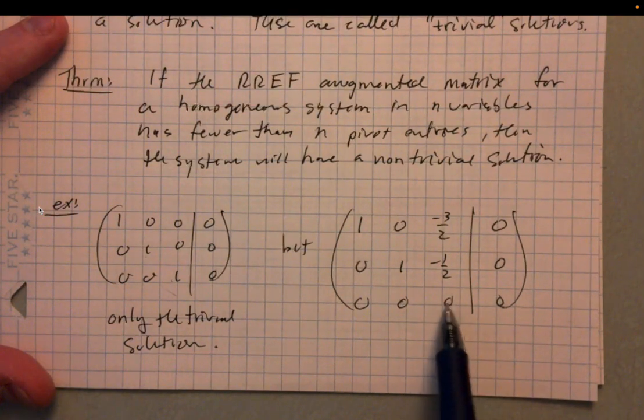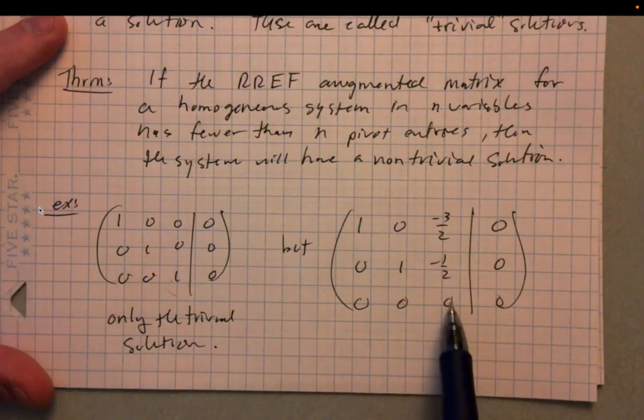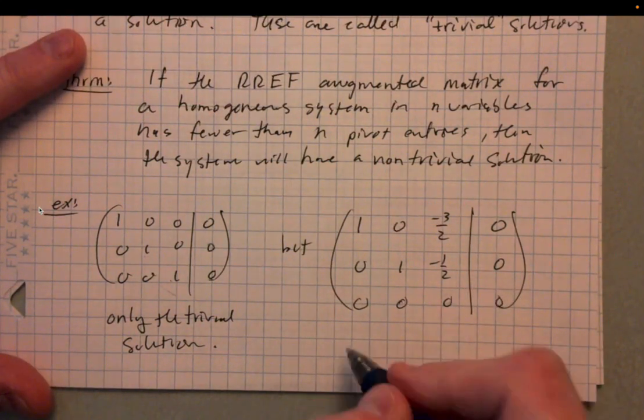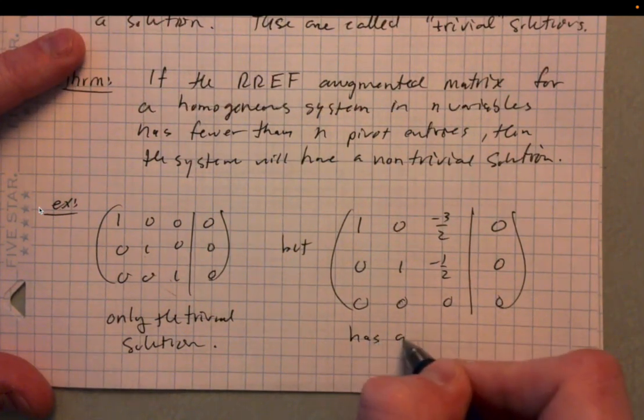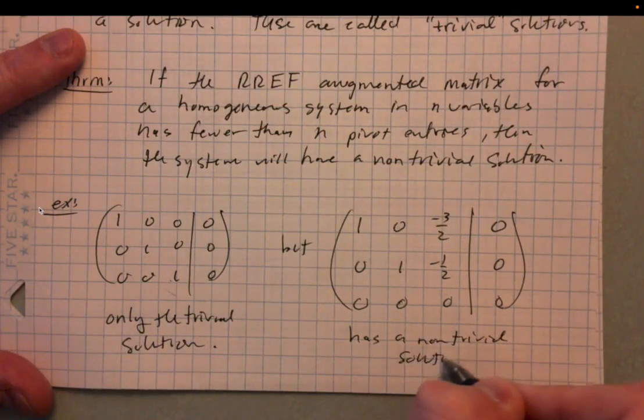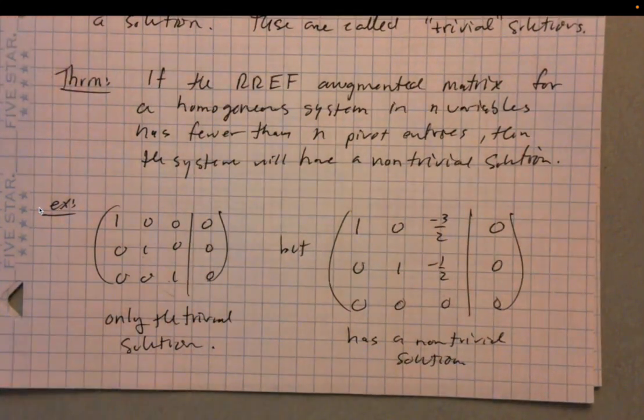I just have a 0 here. There's no non-zero value, so there's no pivot entry. So this has a non-trivial solution. In fact, this one will have infinitely many non-trivial solutions.